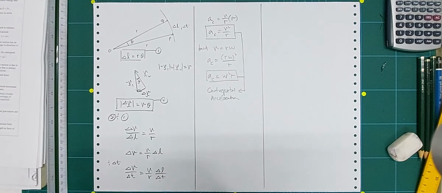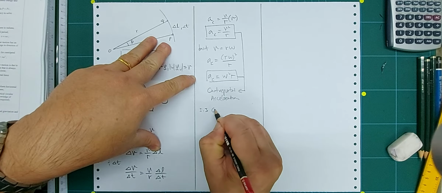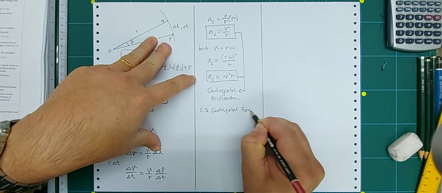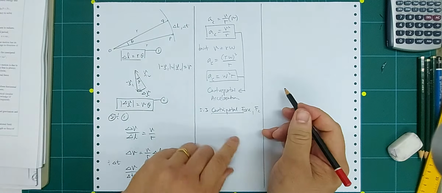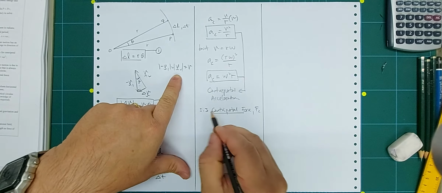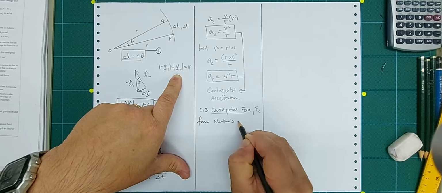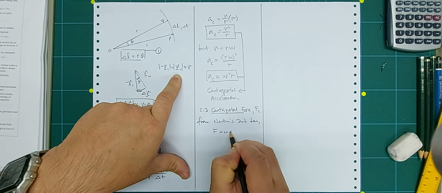Okay, the next one will be our 5.3, which is the centripetal force. I'll call it FC. Now, knowing Newton's second law, F equals ma.